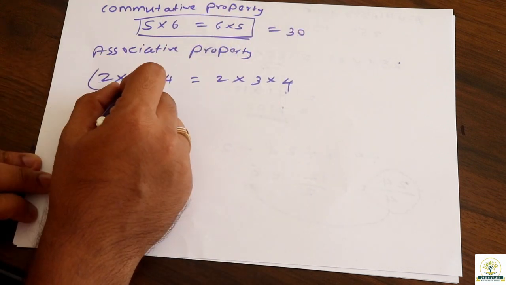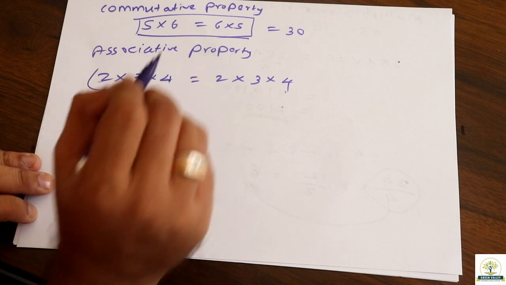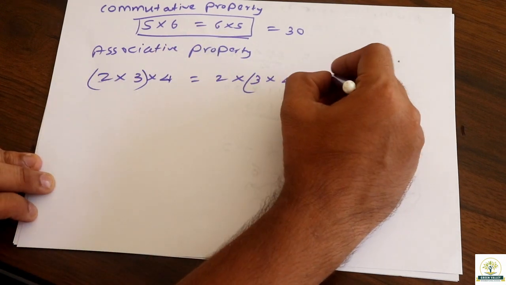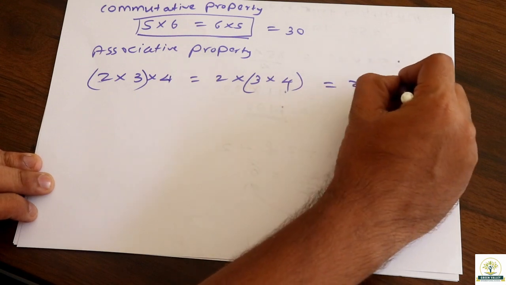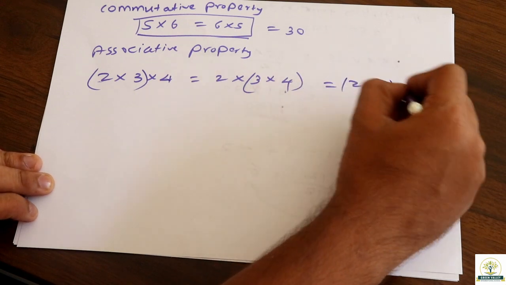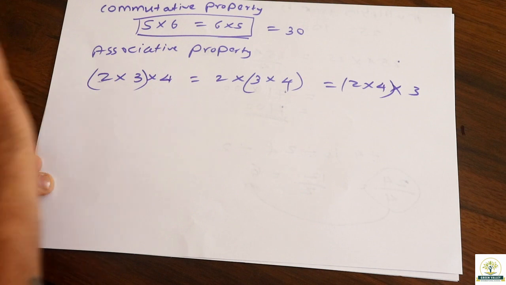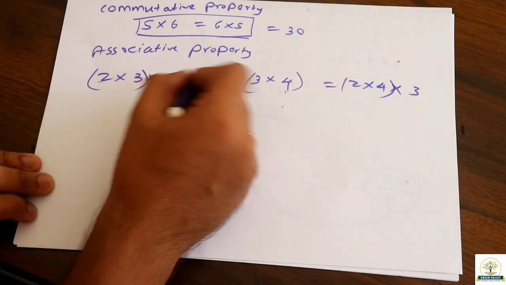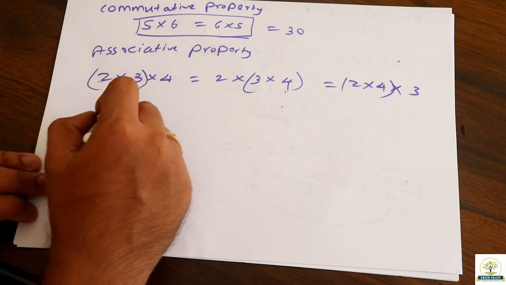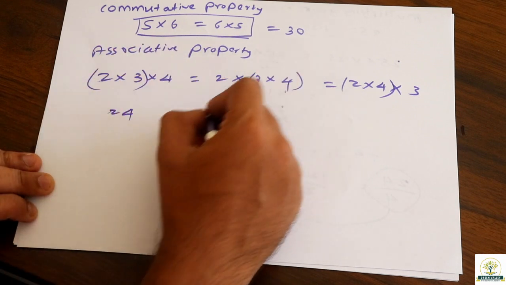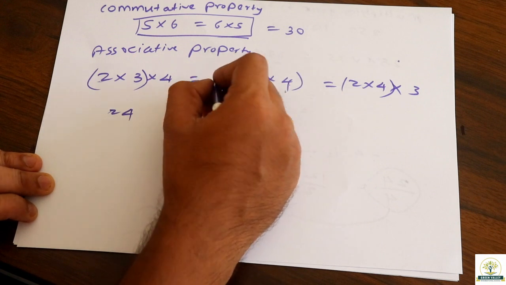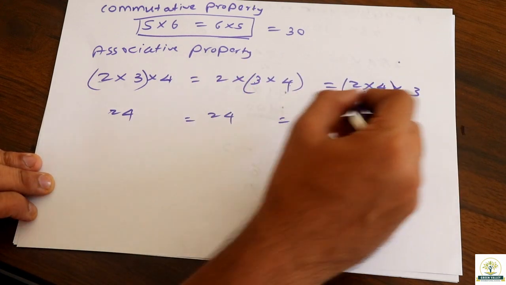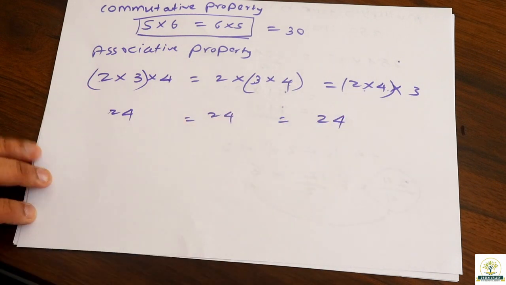Either I multiply the first two numbers and then multiply by 4, or I multiply the last two numbers first and then multiply by 2, or I multiply the first and last and then multiply by 3. No matter which group you make, the answer will always be the same. 2 3s are 6, 6 4s are 24. 3 4s are 12, 12 2s are 24. 2 4s are 8, 8 3s are 24.